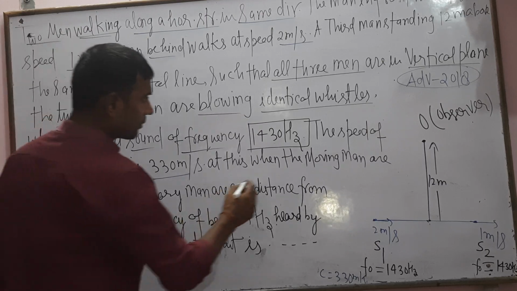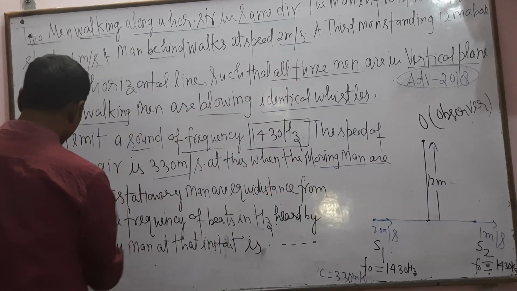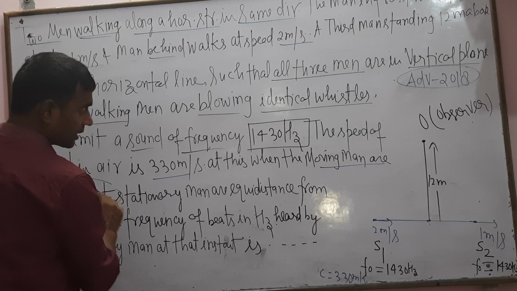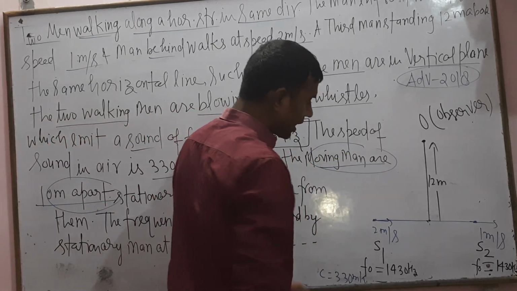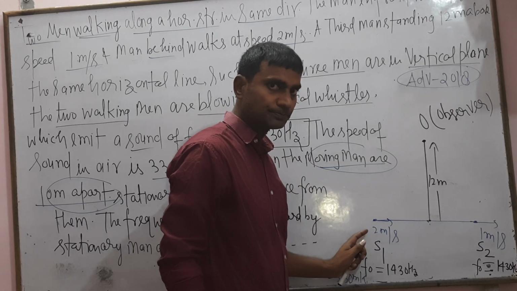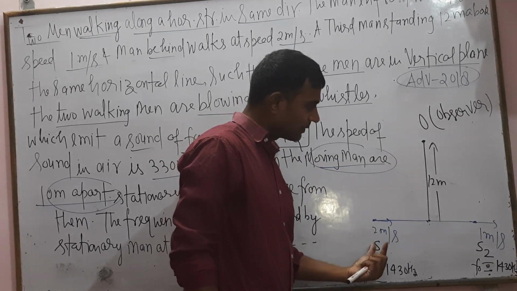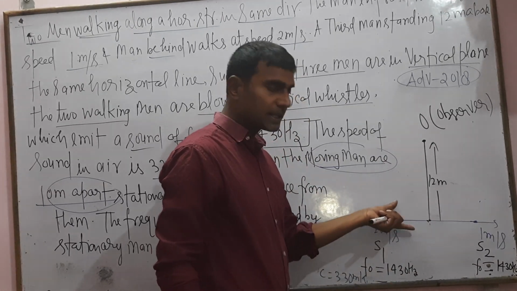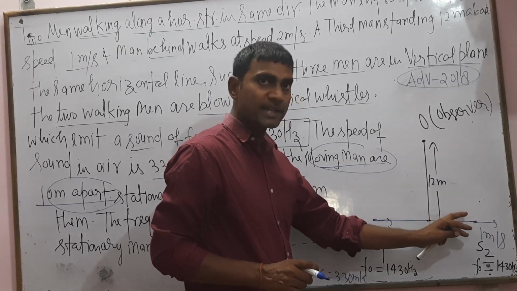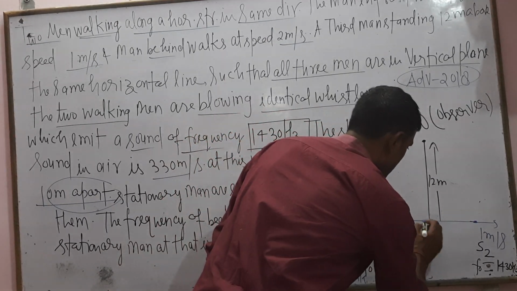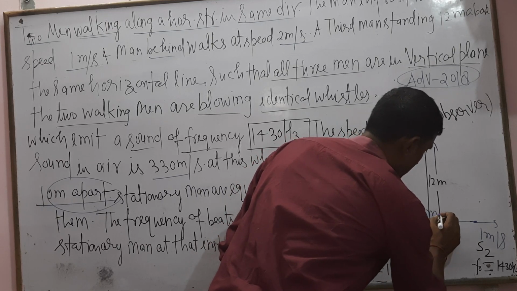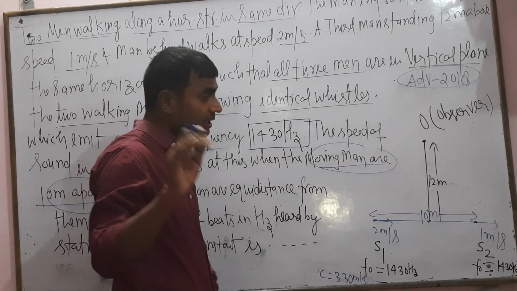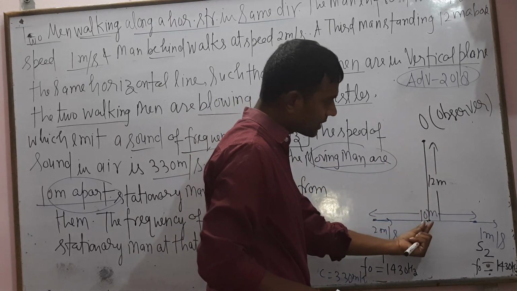Important point: at the instant when the men are situated 10 meter apart, that is, when the distance between S1 and S2, both moving in the same direction along the same line, equals 10 meter, and they are equidistant from the third man, which means the observer is at the midpoint.